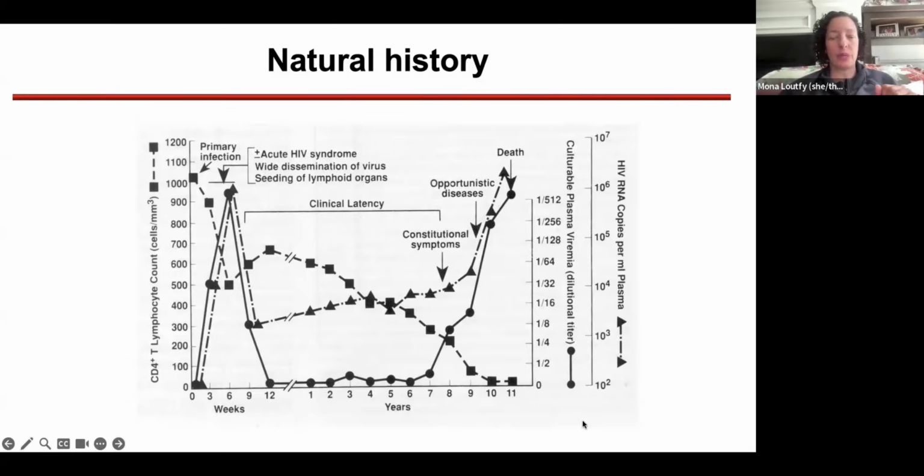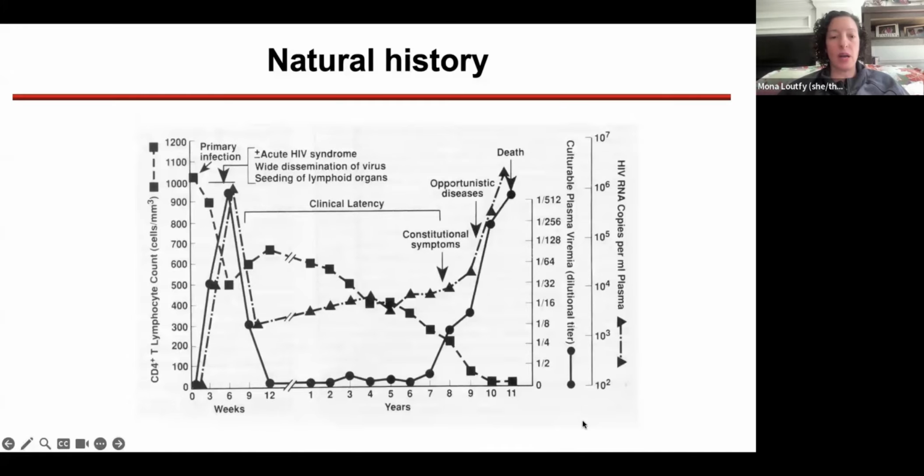But the rash only happens in about 20% of people. So that's the acute infection. And then what happens is the person's body is able to suppress the virus itself. And if you remember, the cell that kills viruses and suppresses viruses is called the cytotoxic T cell, the CD8 cell.